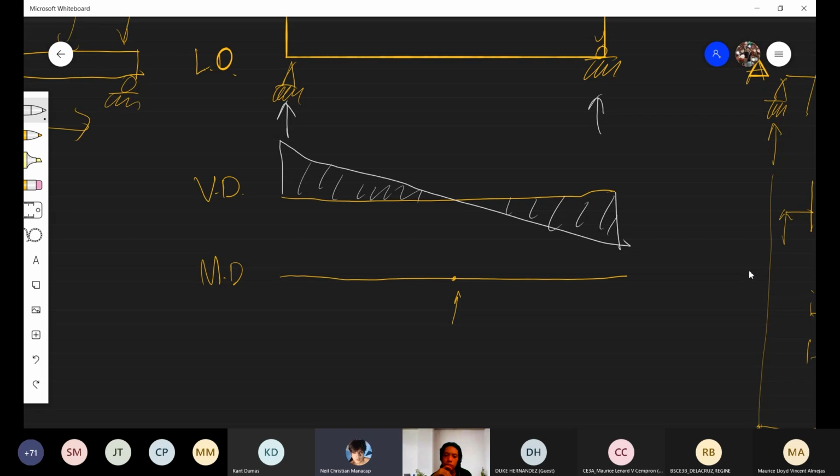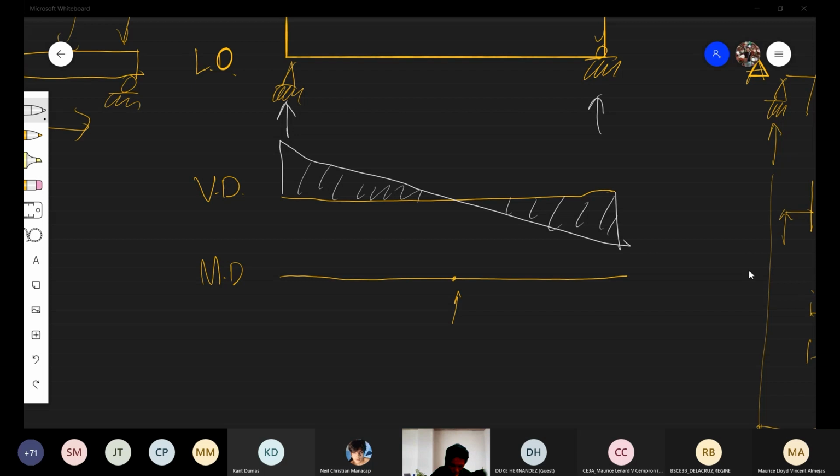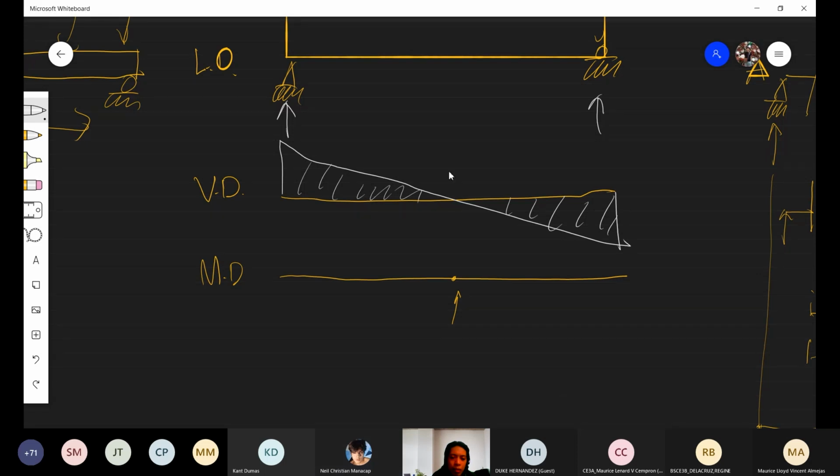Center part, why? Why the midpoint? Why is it the most vulnerable section due to shear? Because there is a support there, sir. Okay, a support. But when you look at the diagram, Mr. Maniakas, look at the diagram.